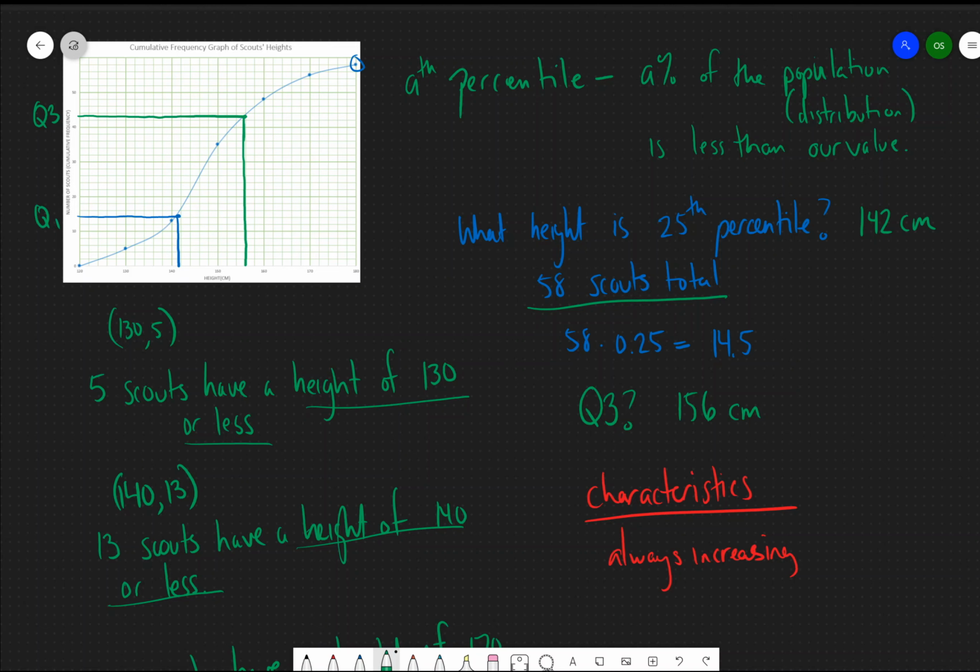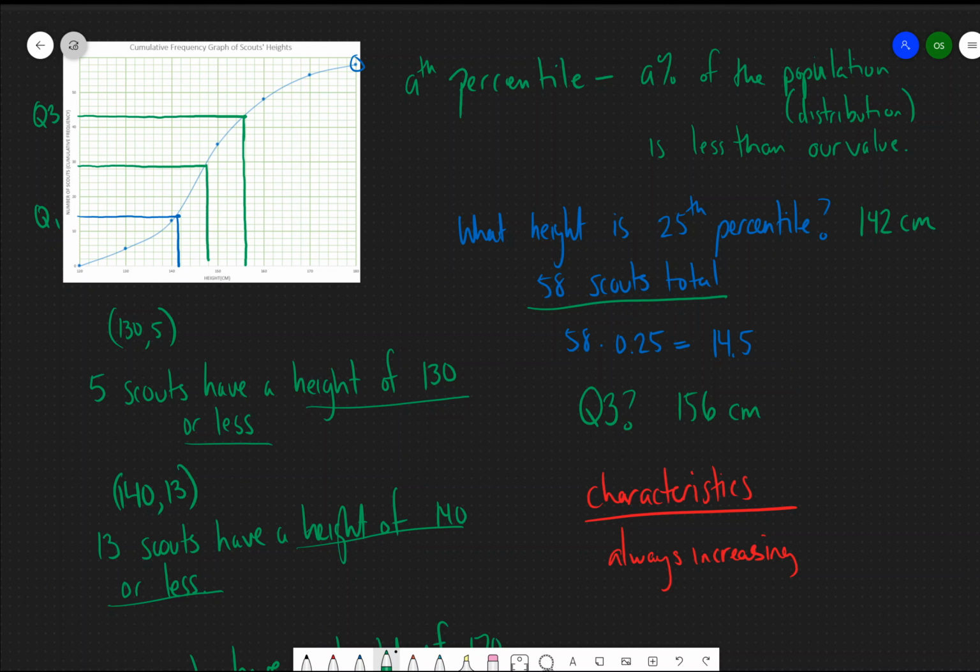So from this graph, I could do the same thing, like, well, where's the median? So the median would be 50% of the data. So that would be 25, 29, right? Let's double check. Yeah, 29. So if I go to 29, I can draw or know where the median is.